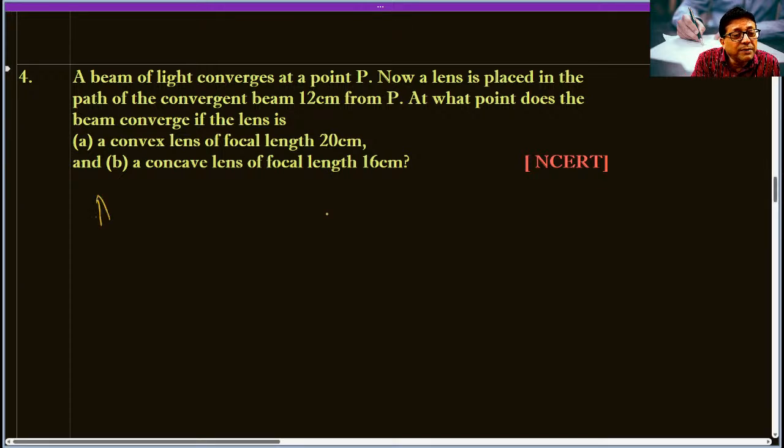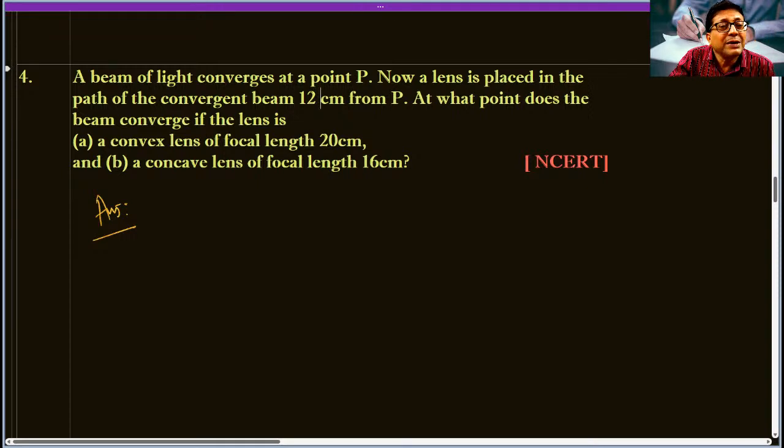So for this sum, a beam of light converges at a point P. Now let a lens be placed in the path of the convergent beam 12 cm from P, where it is supposed to converge. From there at a distance 12 cm, you are keeping a lens. At what point does the beam converge if the lens is a convex lens?